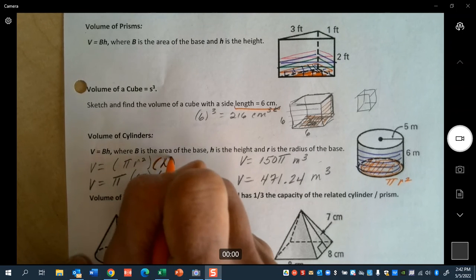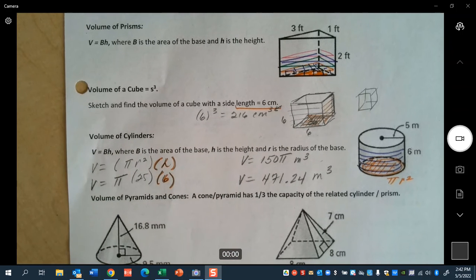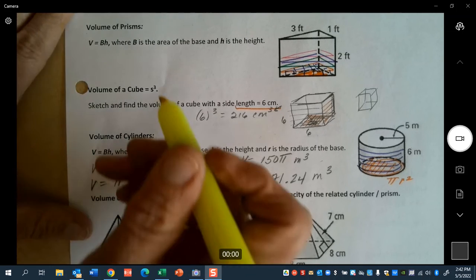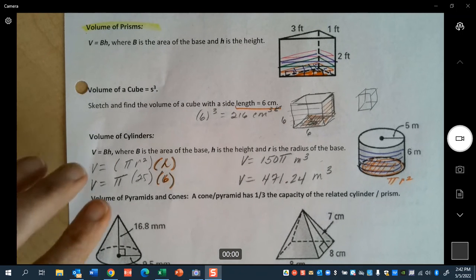This times the height is what tells me how many times that base can be stacked up. So when we're talking about volume of prisms, it's area of the base times the height.